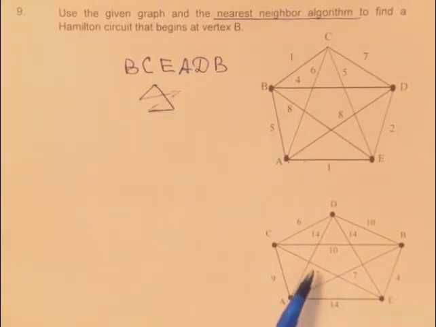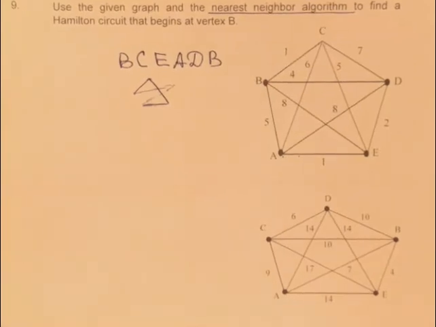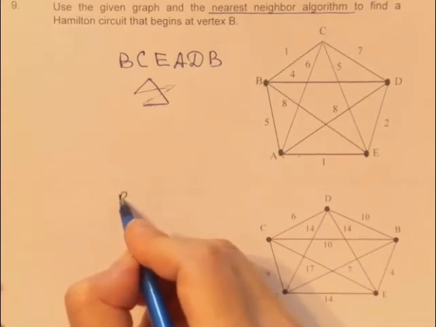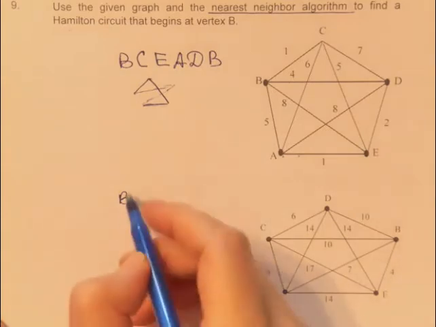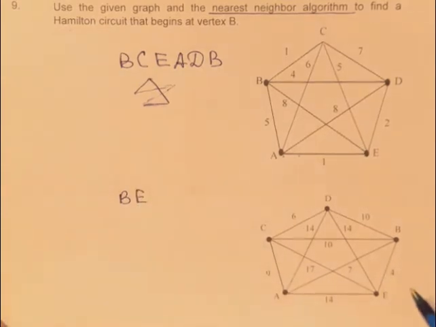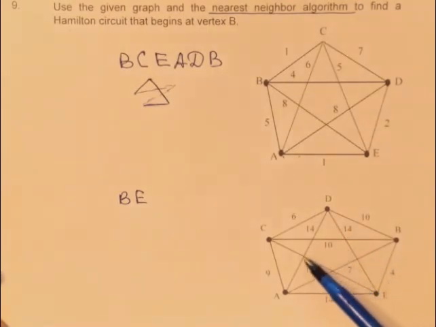So let's consider the second graph. Let us also start from vertex B. The lines have weight 10, 10, 7, and 4. 4 is the best, and we go to E. From E, we have 14, 17, and also 14.